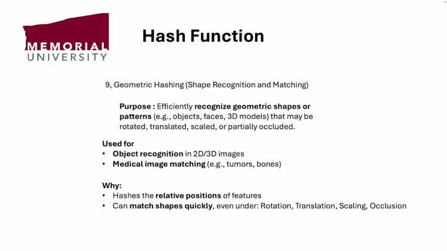But here they use the hash of the relative position of the features to be able to recognize the pattern, which was a challenge. It can also match shapes quickly, even with rotation, translation, scaling, and occlusion, right? So that's a hash table being used in the traditional AI world.